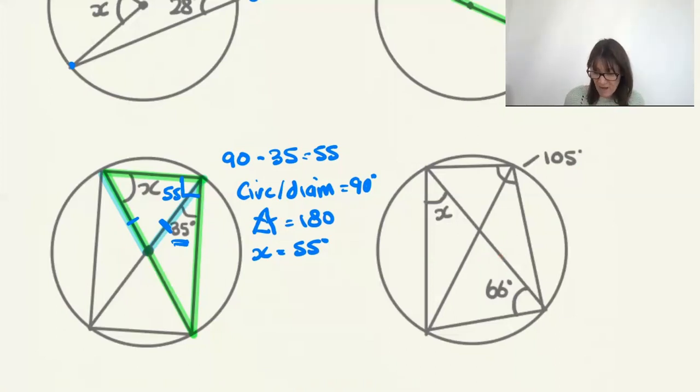Now they have marked on an angle here, which is 66. So the chances are this angle's got to help me somehow or other. They've also marked this one on 105. However, this angle of 105 is spread across 2, so that's not going to be quite as useful.